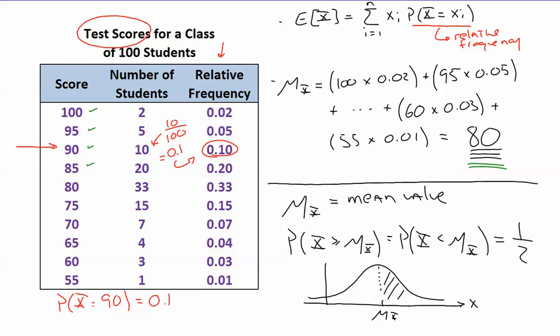It's 50% likely that my random variable will lie above the mean value, and it's also 50% likely that my random variable will take on a value less than the mean. Okay, that's what that means. Mean is the 50% point. It's 50% likely to be above the mean, 50% likely to be below the mean.